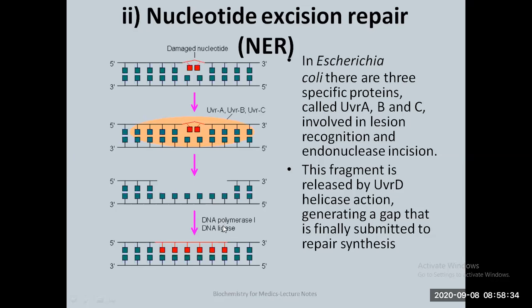Then DNA polymerase and DNA ligase will come and synthesize new bases that will be exactly opposite to the base pair, 3' to 5'. This red part, the whole nucleotide stretch, is the wrong one, and this here is the corrected one.